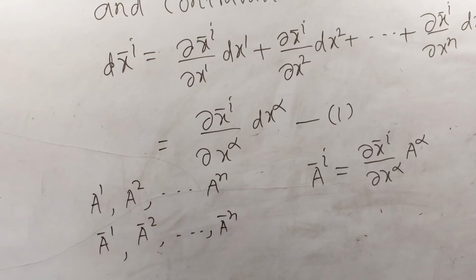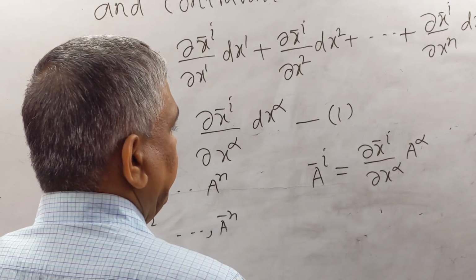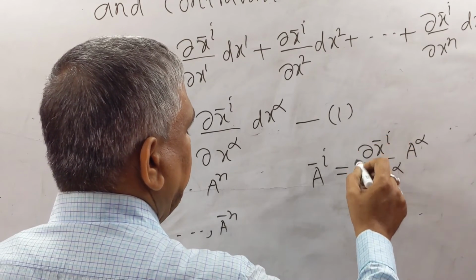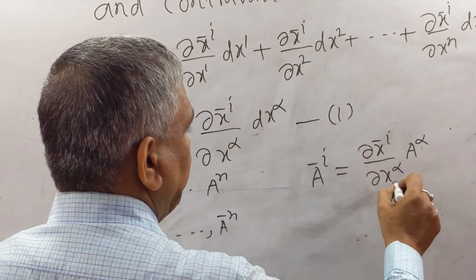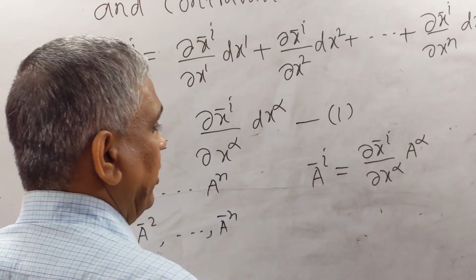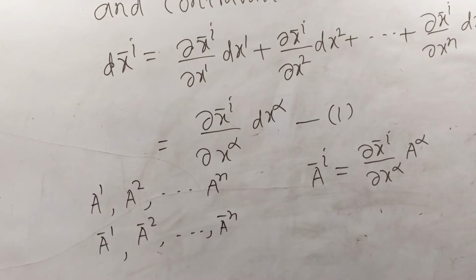Here we have used the term vector. Vector is a special case of tensor when rank is 1. Rank is determined by counting the number of partial derivatives. Here the number of partial derivatives is 1, so rank is 1.